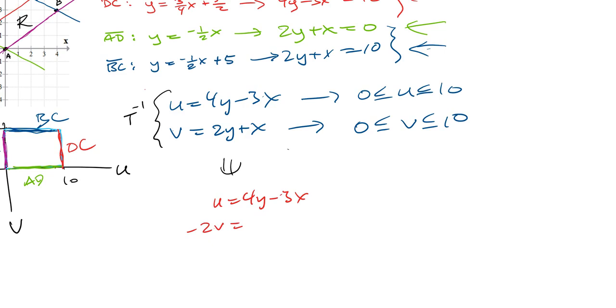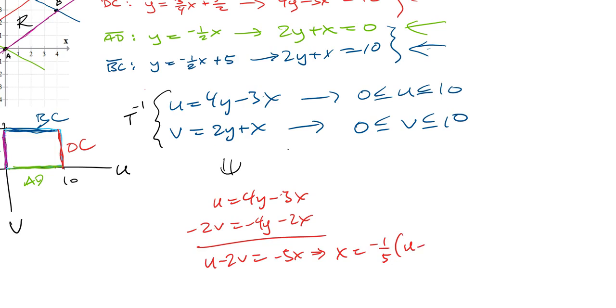I'm solving for x and y in the u and v equations here, so it's kind of like solving simultaneously. I multiply by -2 on the bottom, and I add: u minus 2v equals -5x. So x equals -1/5 times (u minus 2v), or x equals -1/5 u plus 2/5 v. All right, so that's x.